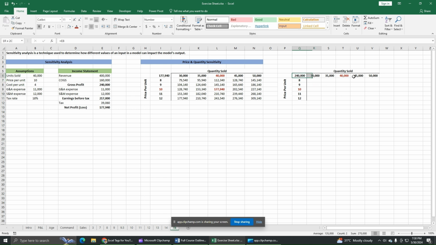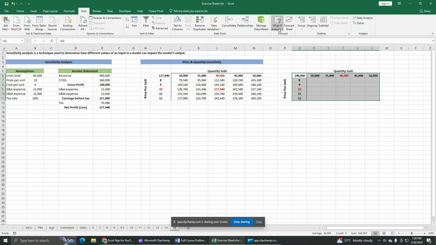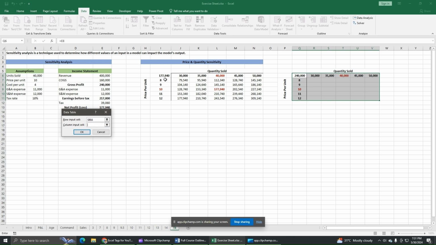So for this, let's select, go to the Data menu, What-If Analysis, Data Table. In the row, quantity sold is in the row, and in the column there is price, so price is here.